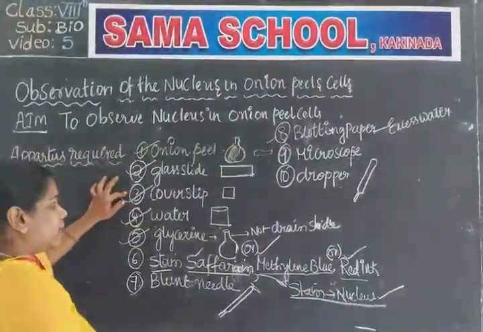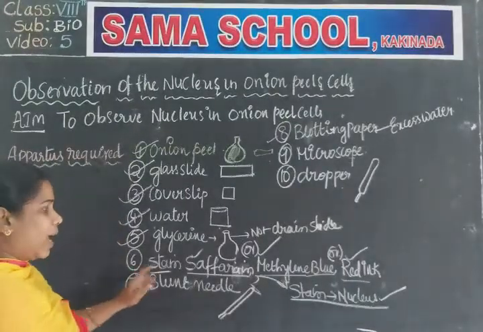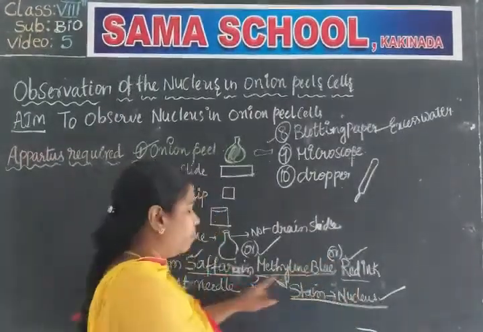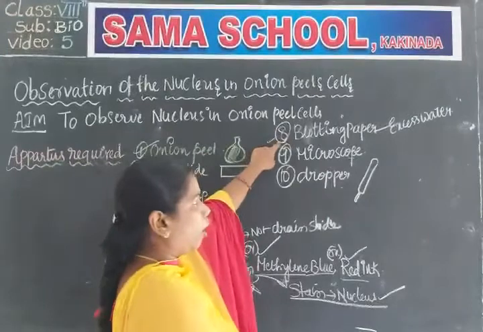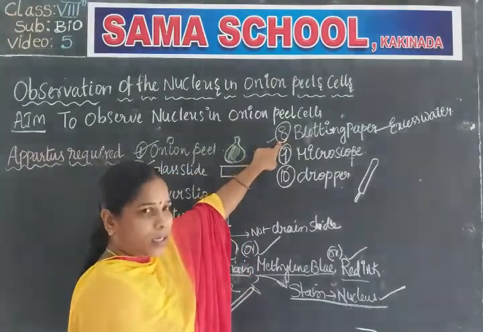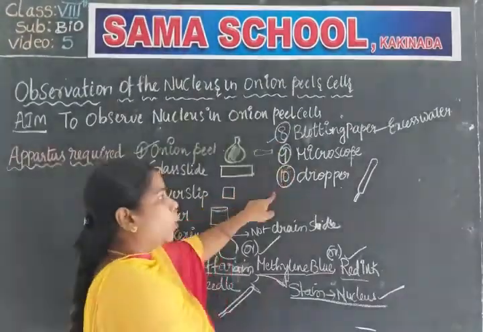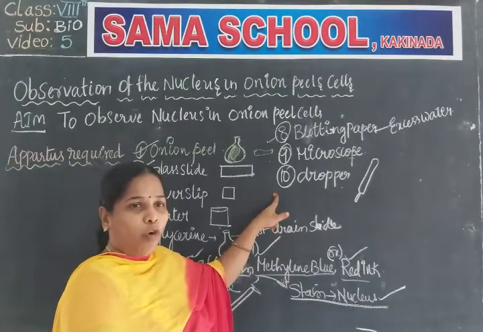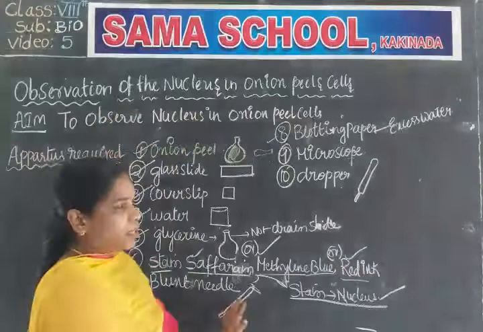And we need a cover slip, water, glycerin, stain, either saffron, methylene blue or red ink. Then we need a blunt needle and blotting paper to take away the excessive water from the glass slide. We need a microscope. We need a dropper to put one drop of water. Understand? So these are the materials required.